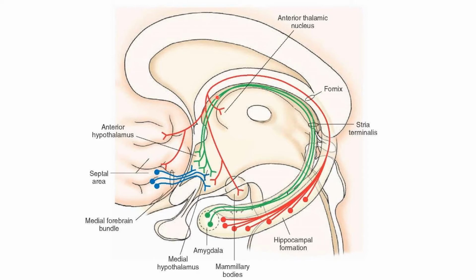So it connects the hippocampal formation all the way to the mammillary bodies. And the fornix is important in recalling memory rather than the recognition of memory.